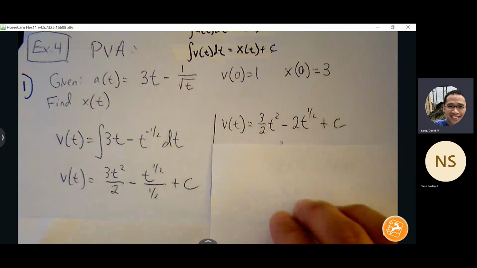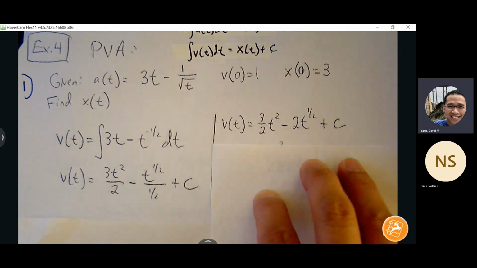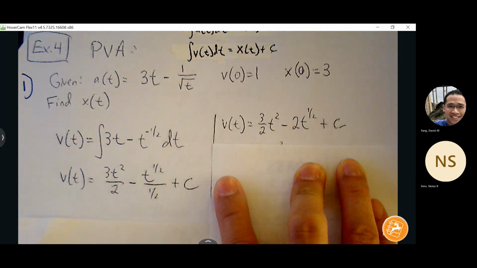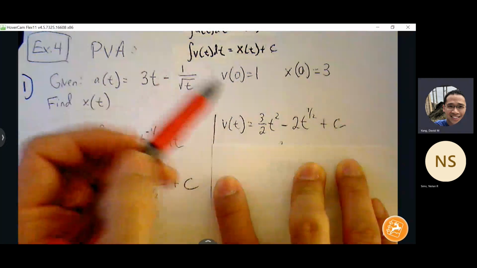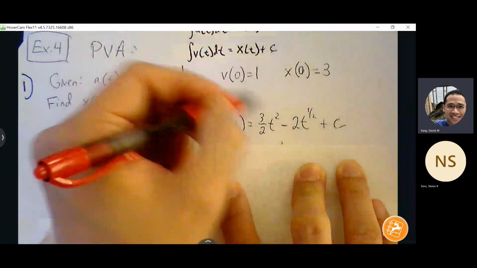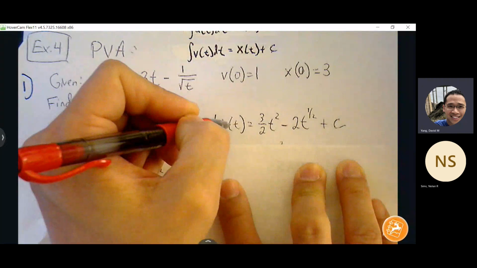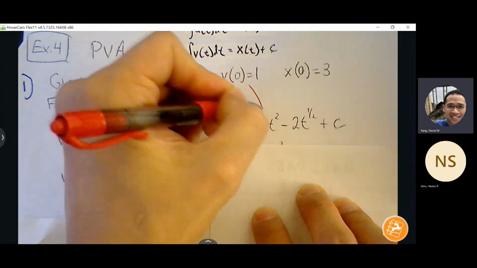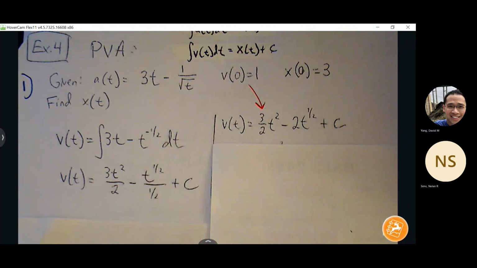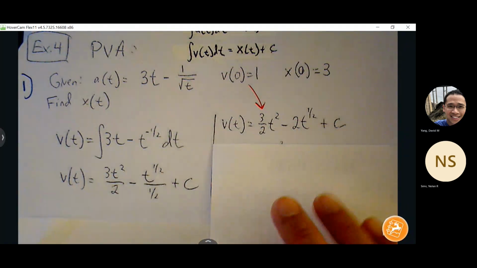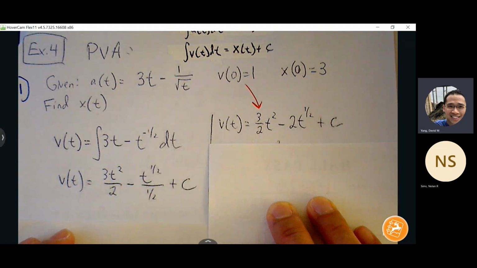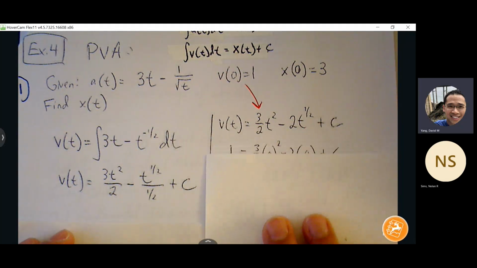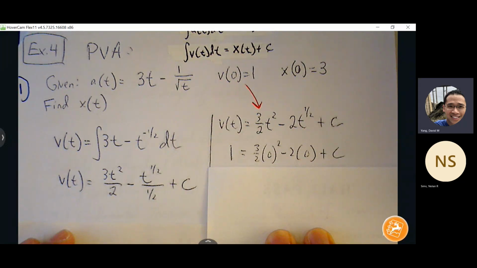So do I have an ordered pair that I can use to solve for c? Well, 0, 1. Yeah, so 0 goes in for t, 1 goes in for v of t. v of t is kind of like our y value. And then we can solve for c. Okay, so 0 in for t, 1 for v of t. The 0 is nice. It wipes out all those terms. We solve for c. c equals 1.